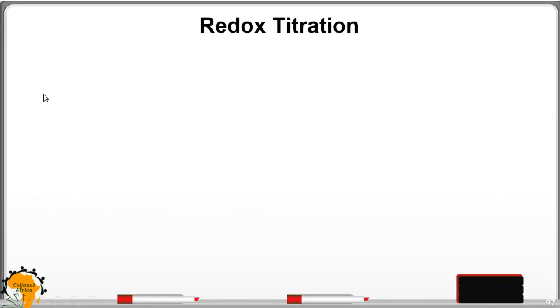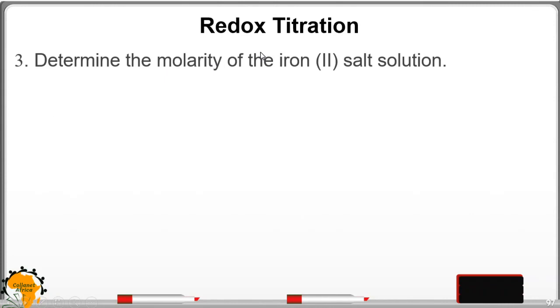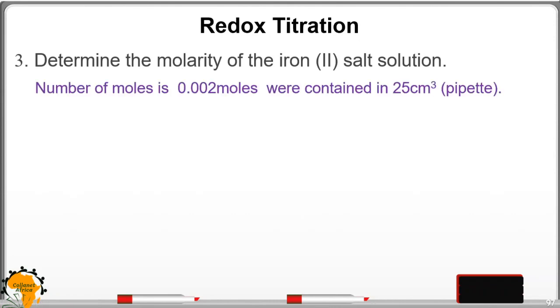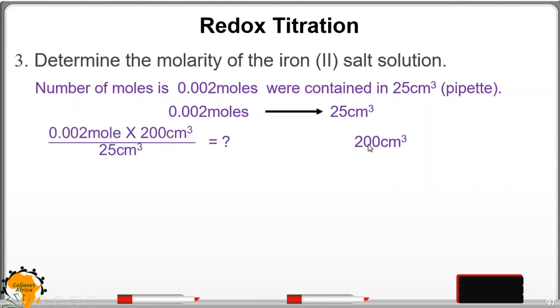Now let's proceed to the next question. Determine the molarity of iron(II) salt in the solution. Molarity, remember, is the number of moles in 1,000 cm³. We have 0.002 moles in 25. What about now in 200? Remember, the solution was made up to 200 cm³.